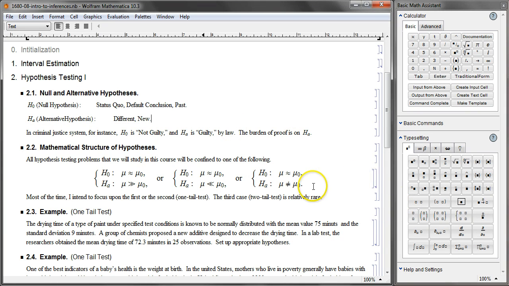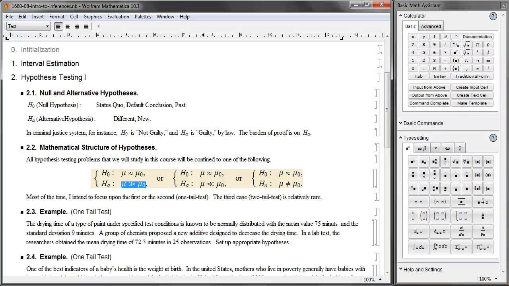Here are some mathematical structures of the null and alternative hypothesis. The null is the same as before. On the other hand, the alternative hypothesis is, okay, successfully highlighted. Mu is greater than the traditional value, but not just greater, but significantly bigger.